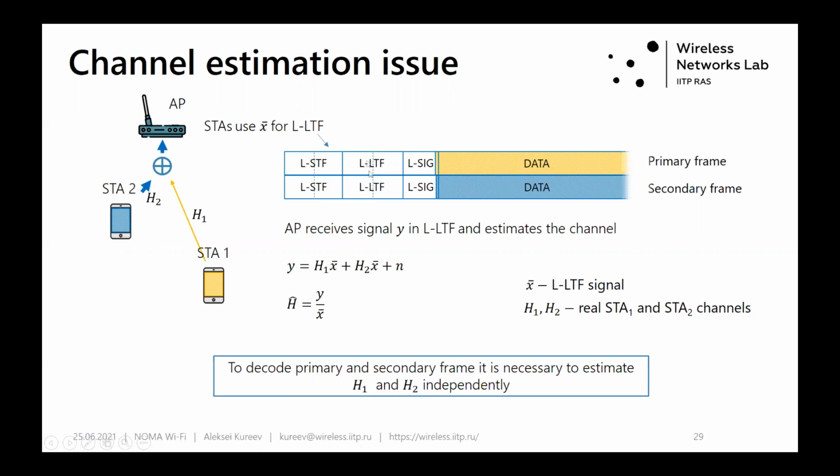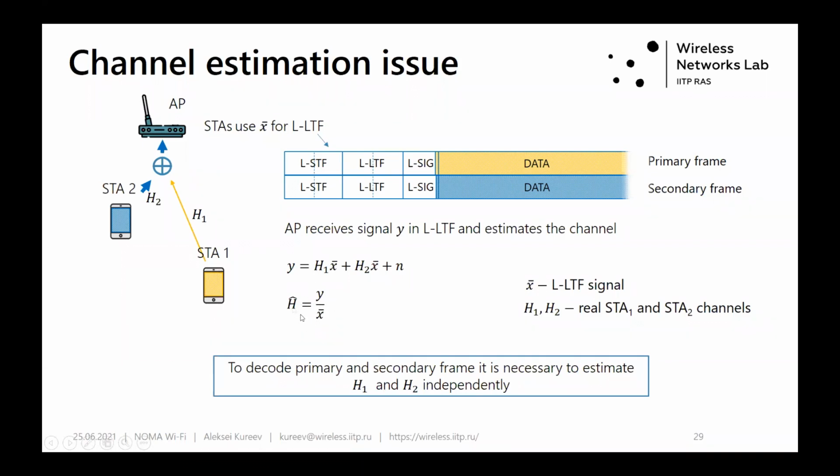The access point receives here the LLTF field, which will be common for both stations, STA1 and STA2. Usually, this field is used for channel equalization in the access point or just in any Wi-Fi receiver. The received signal Y, which this device receives from this field, is the sum of the signals received from STA1, H1 multiplied by X, where X is the LLTF signal, and the signal from STA2, H2 multiplied by X, and some noise.